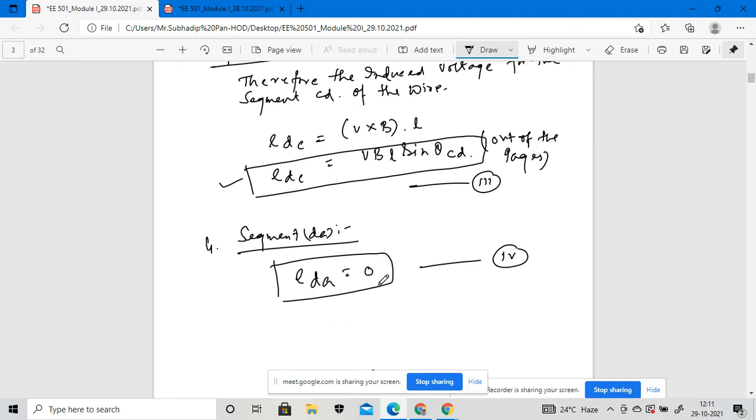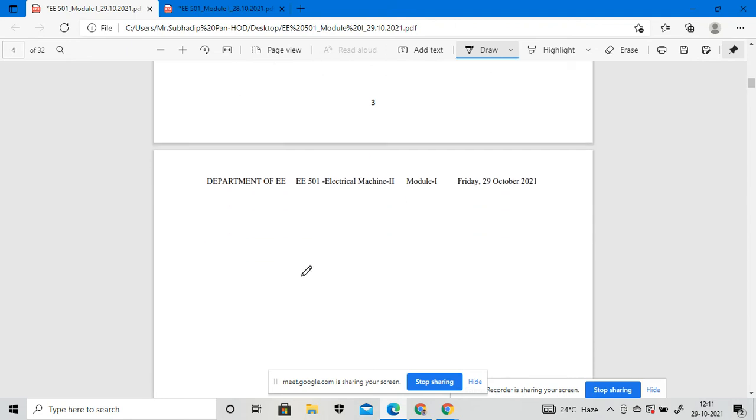Okay, so these four equations we now have to add. That means we are summing these equations and finding out my total induced voltage. If I plot the graph between the induced voltage versus the angle theta, the plotted diagram will look like this.